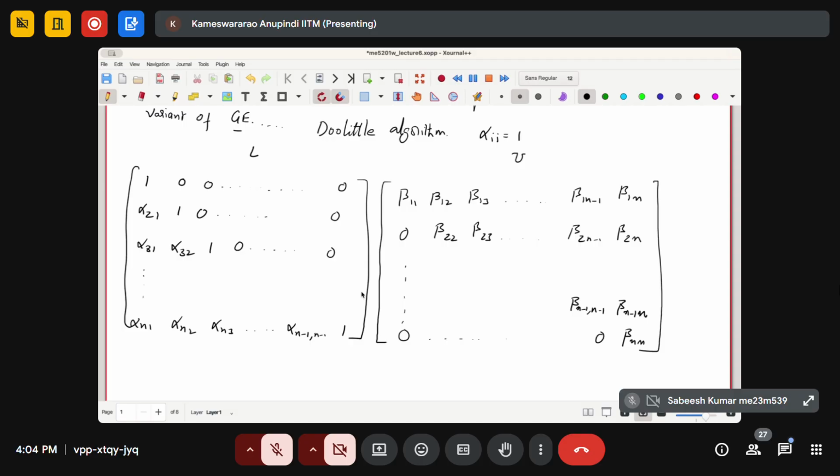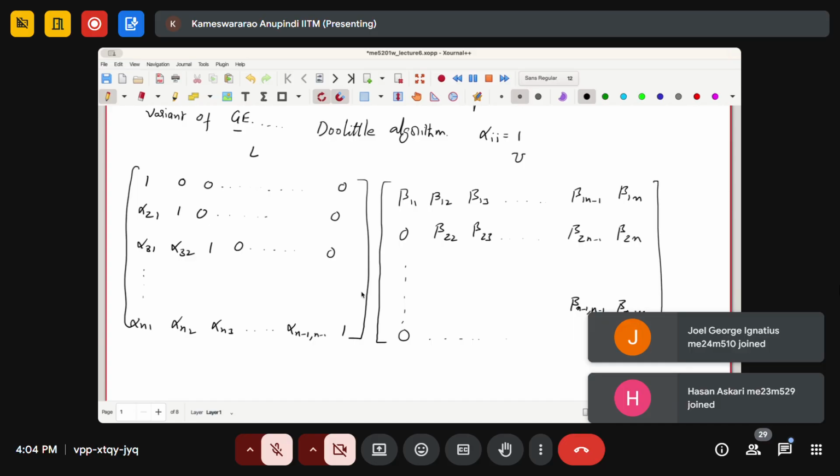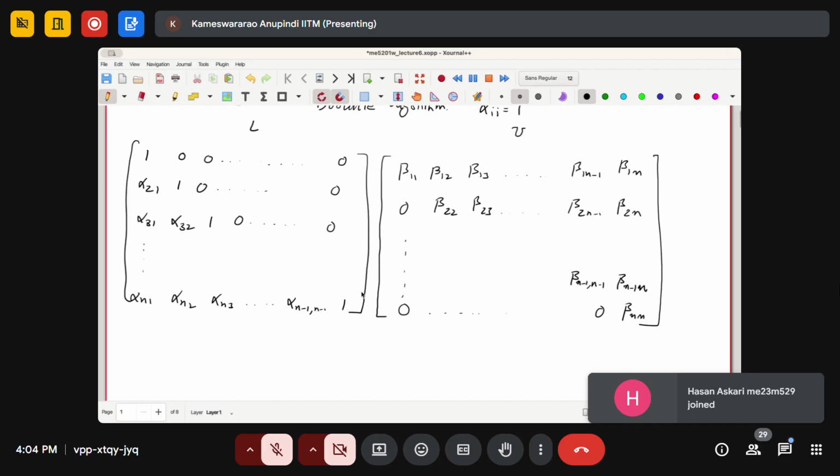So some of these multiplications are only going to become divisions when we calculate each alpha and beta. But if I count all the multiplications that we have done, that is going to be the same operation count in producing the LU decomposition. Okay, I think that's what we agree upon.